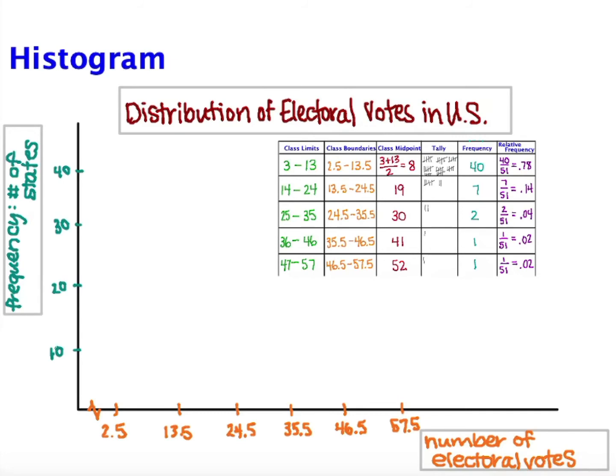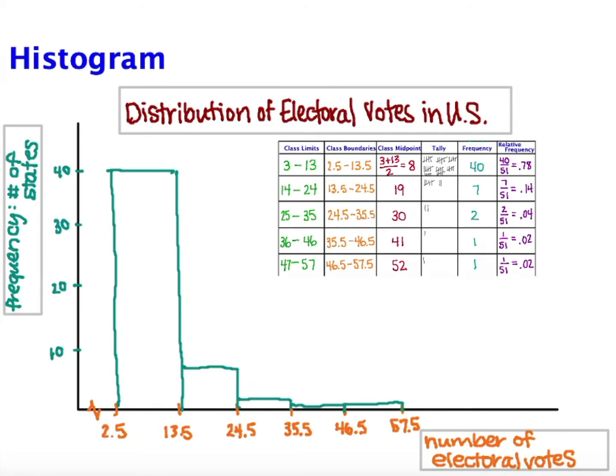So this first class goes up to 40. And then just to make it a little more clear, why don't we label that frequency on top? Just so nobody is misled, we can actually get some solid numbers out of there. That is our very first histogram.